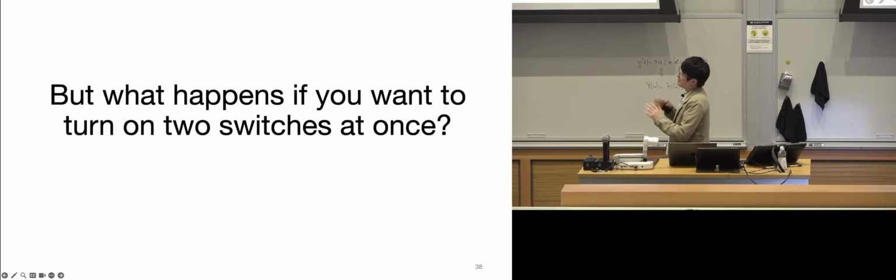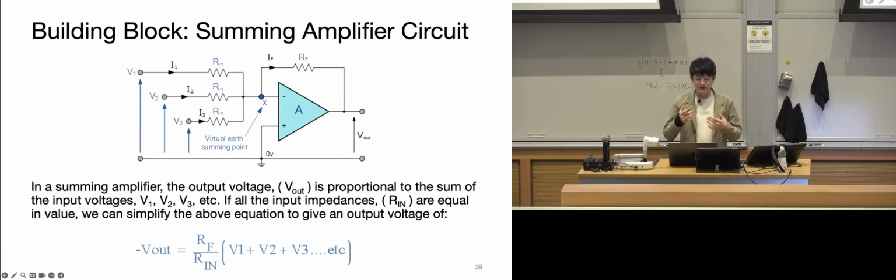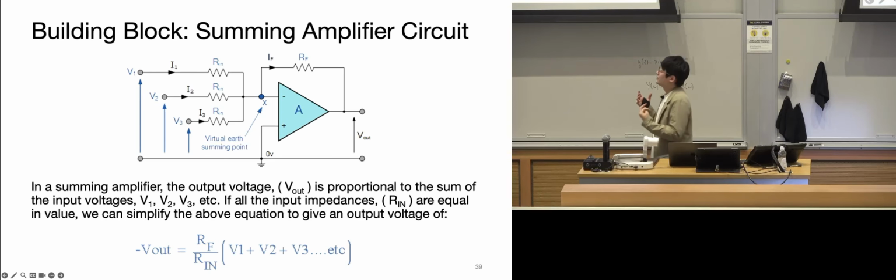So based on that, we had some variants based on the idea of the voltage divider. If we are able to turn on 2 switches at the same time, then we could potentially share some of the resistors that we used in the previous configuration, right? So we actually have this type of, you can think of it like a building block, like a summing amplifier circuit.